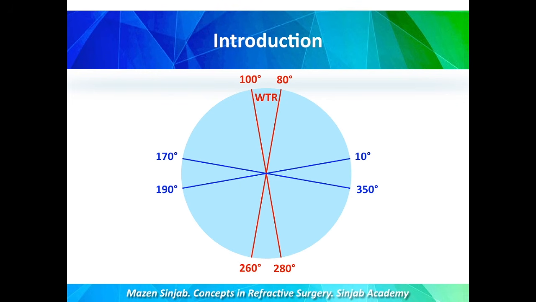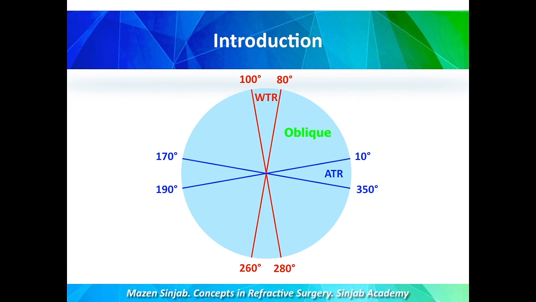We can say that the astigmatism is with the rule when the steep axis is vertical, between the 80 and 100 degrees axis, and it is against the rule when the steep axis is between 10 degrees and 350 degrees, or between 170 and 190, or in other words 180 plus minus 10 degrees, and it's oblique otherwise.